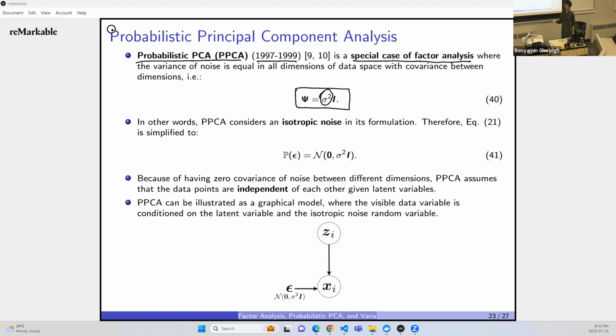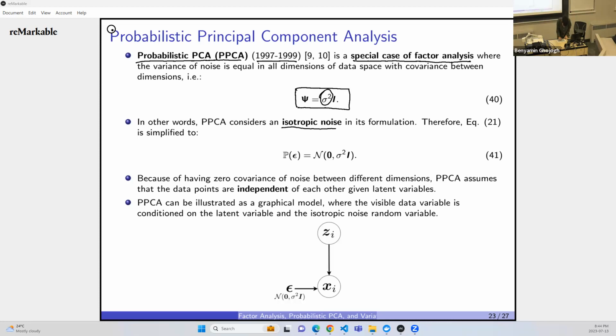So factor analysis says that the noises of the different dimensions are independent. However, probabilistic PCA says they are independent, but the noise in every direction is the same. Its spread is the same. So the noise is like a hypersphere, rather than being oval, it's like a sphere.